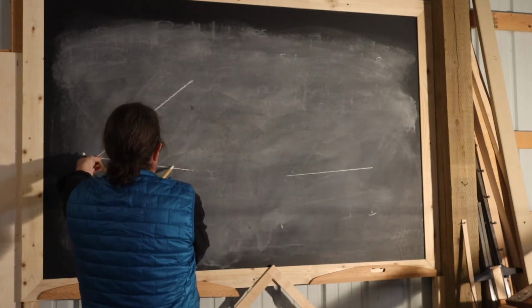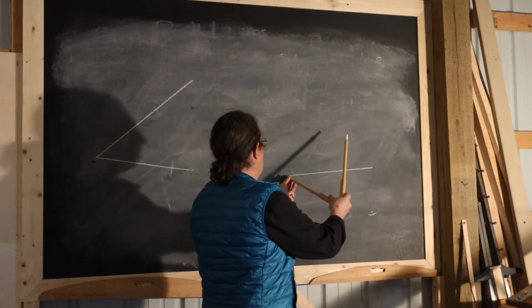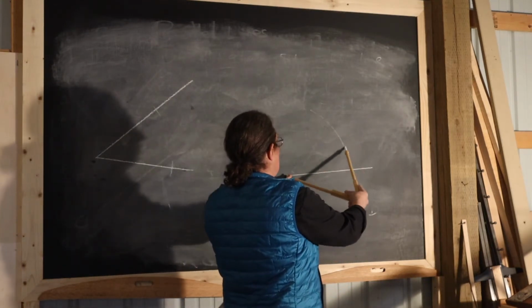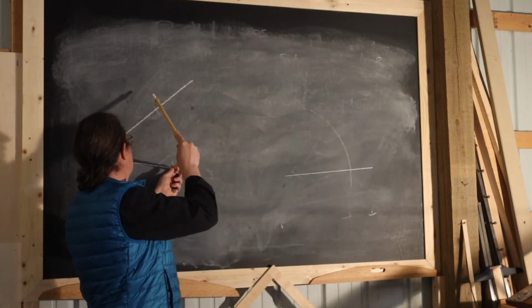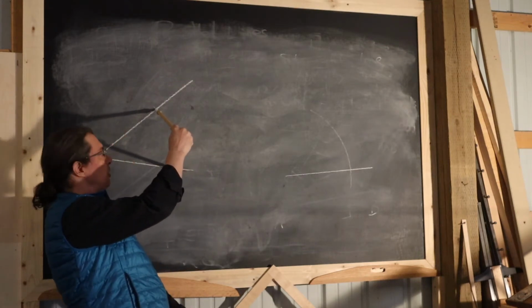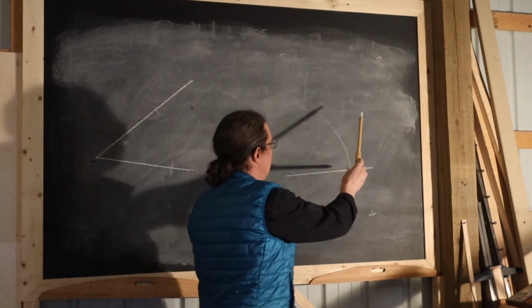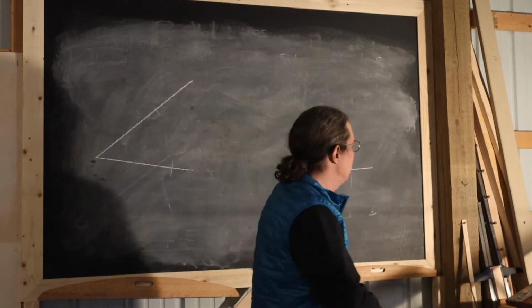I'll swing two arcs through there, and I'll swing one big arc through there. Set my compass to the distance between those first two intersections, transfer that distance over here.